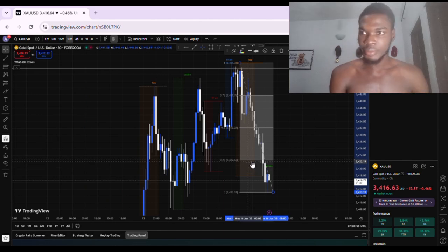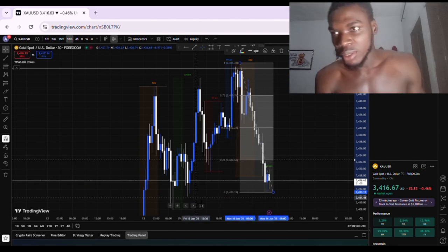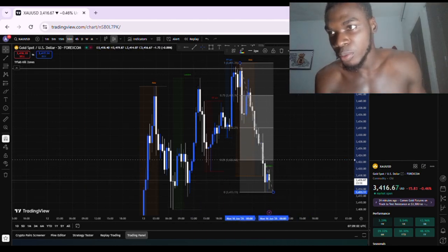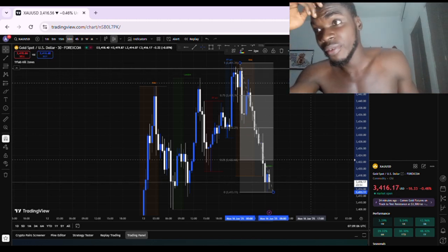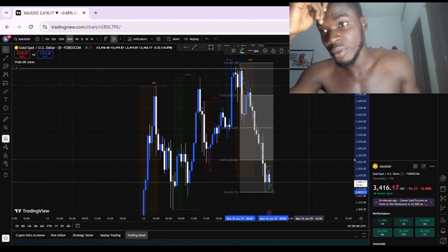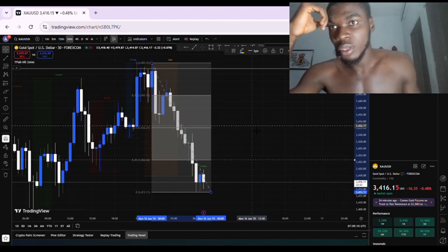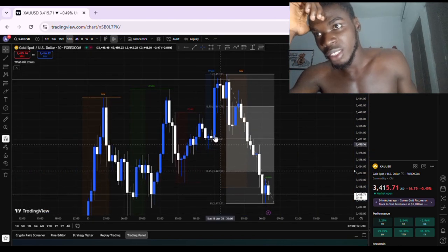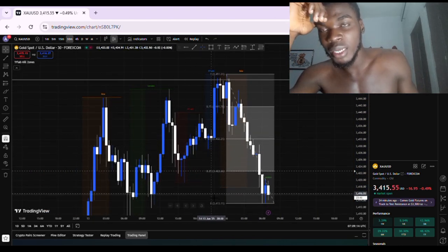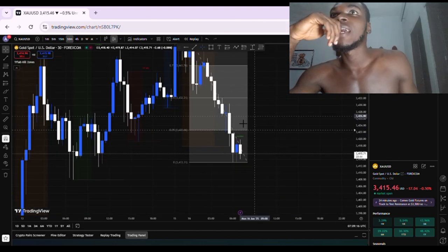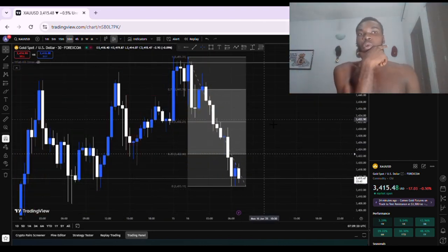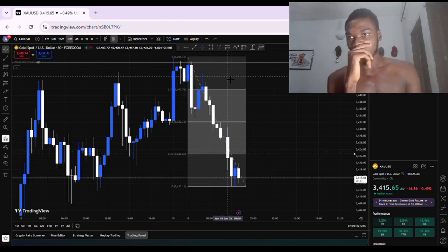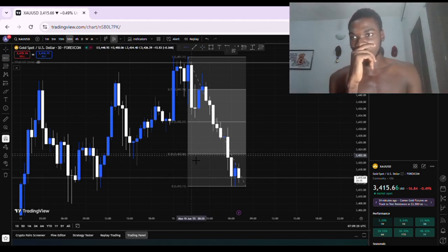If it's a pullback, I'll start targeting my entry from 0.25 or 0.5. But if it's not a pullback, whereby it's already following the trend normally, I'll be looking for my entries from 0.5 only.